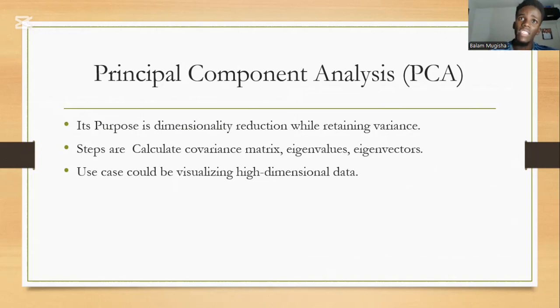So for you to understand patterns, it's easier to reduce that dimension. If 2D, you all know that 2D is easily understood by humans compared to 3D. So we're trying to reduce our data from 3D to 2D by, of course, eliminating unnecessary information that is not going to help us in predicting the patterns.